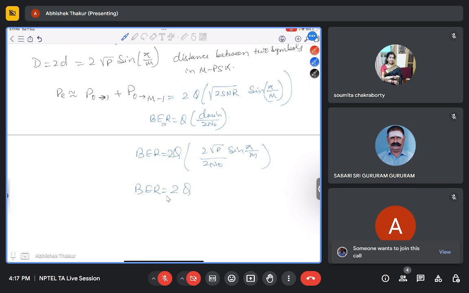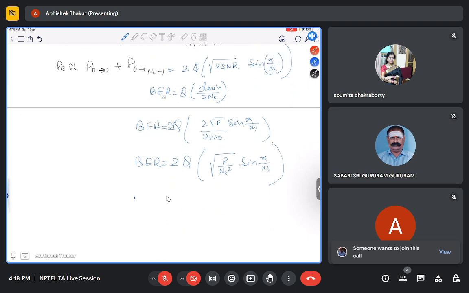So 2 times Q of the square root of P by N naught times square of sine of pi by M. This is the final formula for our bit error rate of M-array PSK.